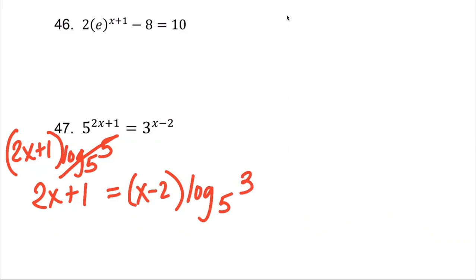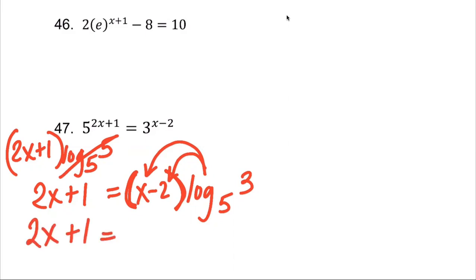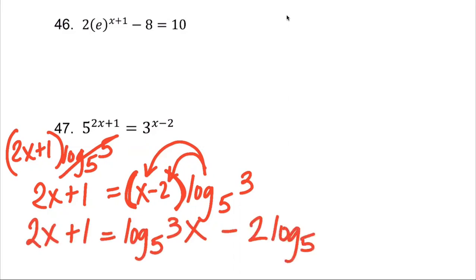So at that point, I want to get my x's by themselves, like everything with an x I want on one side, and then everything that's just a number or a log I want on the other side. But first, since this is in parentheses, I'm going to need to distribute the log base 5 of 3 to both the x and the -2. So I'm going to rewrite this, let's put the log first: log base 5 of 3 times x, minus 2 log base 5 of 3.